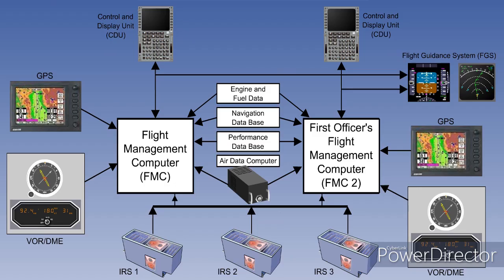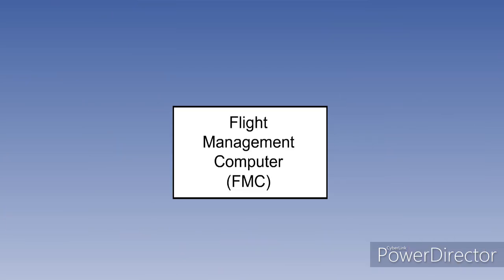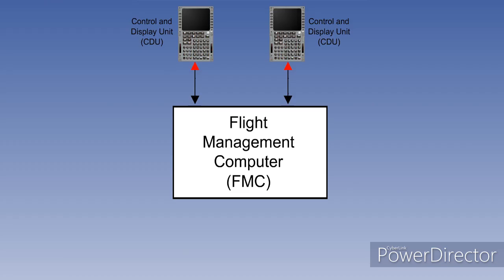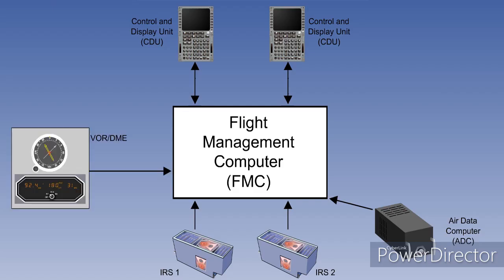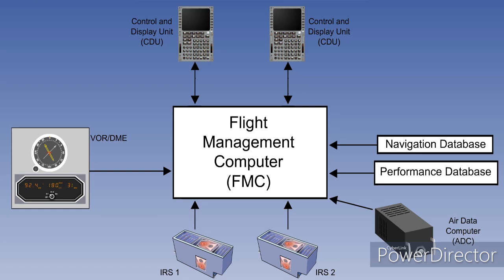Let's summarize this lesson. The flight management system is designed to provide continuous automatic navigation, guidance and performance management. They vary from type to type, but they all contain a flight management computer, a control and display unit, 2 or possibly 3 inertial reference systems, an air data computer, radio navigation inputs, navigation and performance databases, and inputs of engine and fuel data.